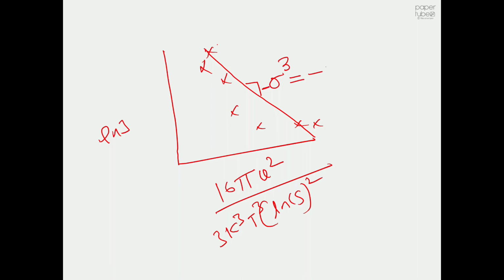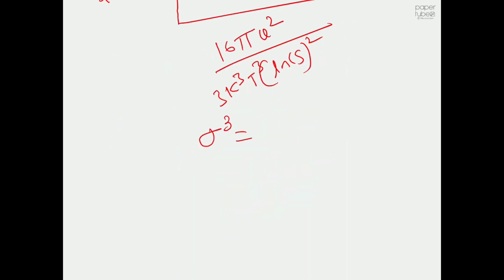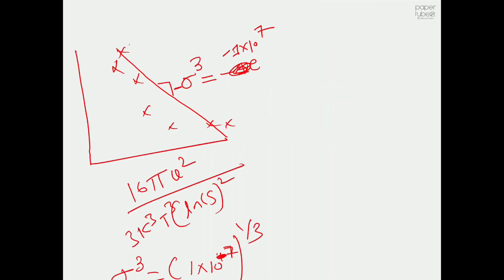I got a value of minus 1 into 10 to the power of 7. If you take the cube root of sigma cube, 1 into 10 to the power of minus 7 to the power of 1 by 3.